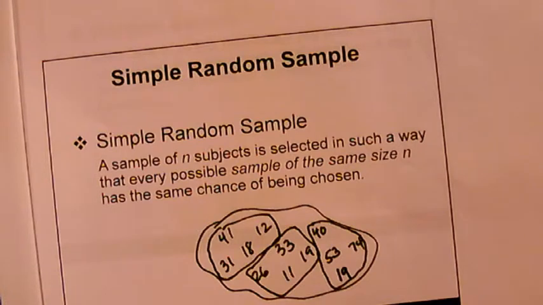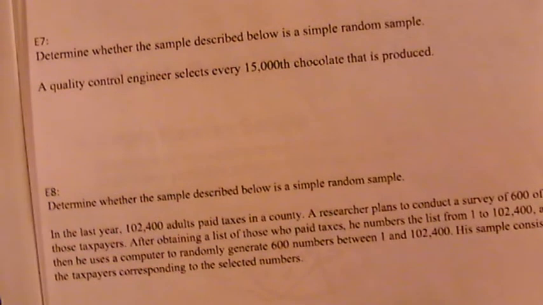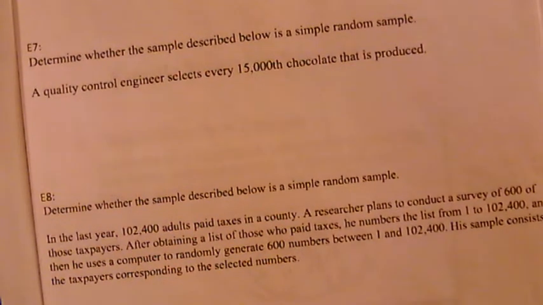Now let's look at a couple of examples where we can determine whether or not we have a simple random sample. Okay, take a look at this example E7 that I'm going to put up here. A quality control engineer selects every 15,000th chocolate that is produced.